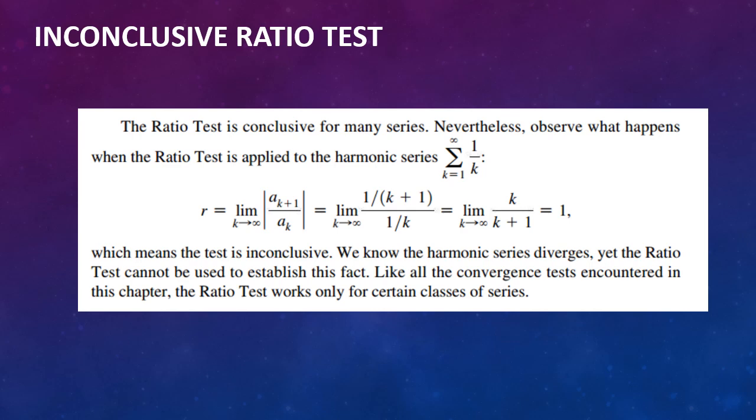So here we get 1 over k plus 1 over 1 over k, which gives us k over k plus 1, which when we apply infinity to that, equals 1, which according to the test, is inconclusive. We know the harmonic series diverges, yet the ratio test cannot be used to establish this fact. Like all the convergence tests encountered in this chapter, the ratio test works only for certain classes of series.